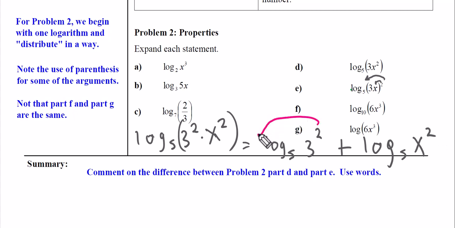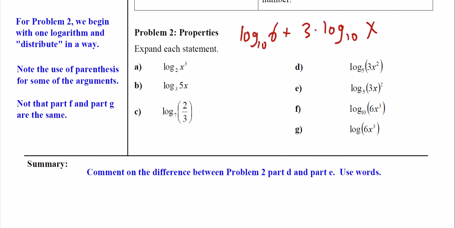And then I could drop this 2 in front, and I can drop this 2 in front. And we get the same result as before. Nevertheless, it is different than your answer to part D. So please, notice that.